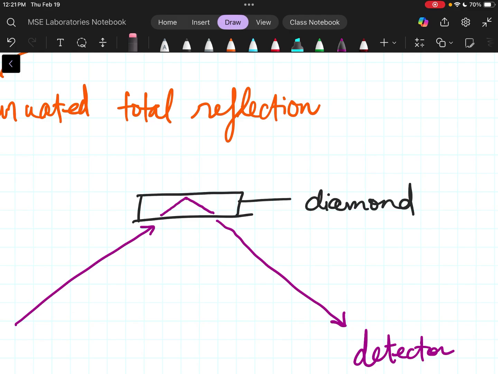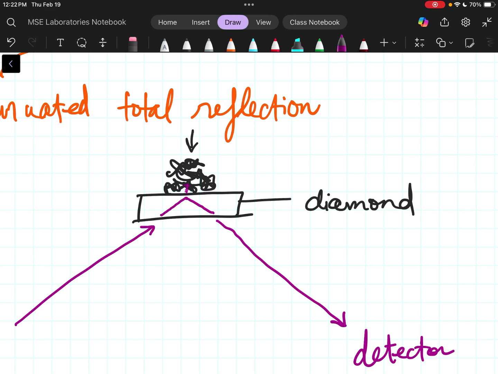When it interacts with that surface right there, there's the tiniest little bit of light that escapes. And we're talking like nanometer, maybe micrometer depth, just barely. So if I stick my sample like a liquid or a powder, so let's say I have a powder right here, I stick it on the surface and I press it down to densify it and make sure it's really contacting the diamond.